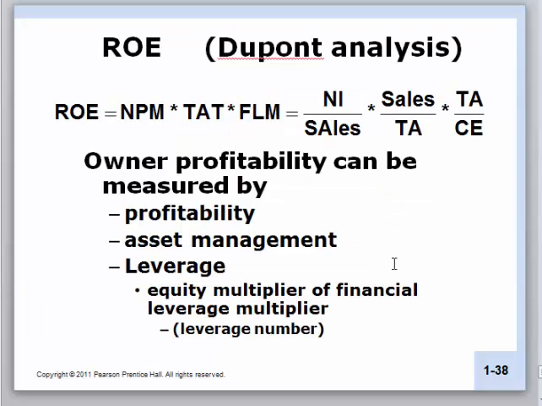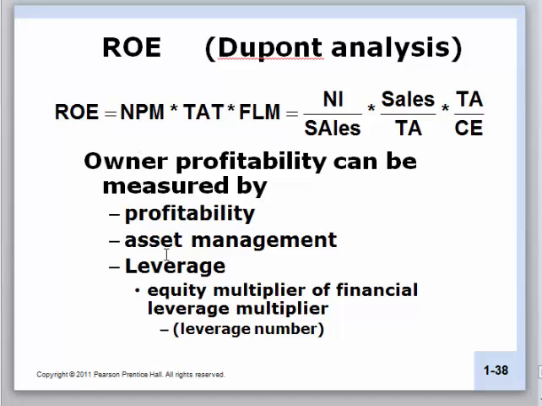There's something referred to as the DuPont analysis. Essentially, it breaks the return on equity number down into some parts. So we want to ask the question, how can the managers of a company create more return to the owners? Well, there's three things they can do. If they increase the net profit margin, that's net income divided by sales, that should increase ROE, more profitability for them.